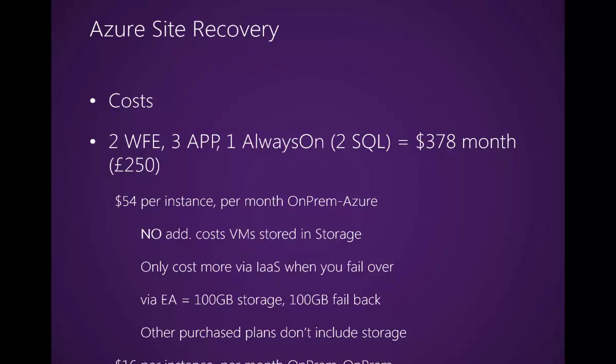Once those VMs are synchronized, they are stored within Azure Storage. So the cost to store things in Azure Storage is very, very cheap in comparison to running, let's say, a SQL Azure VM in real time.